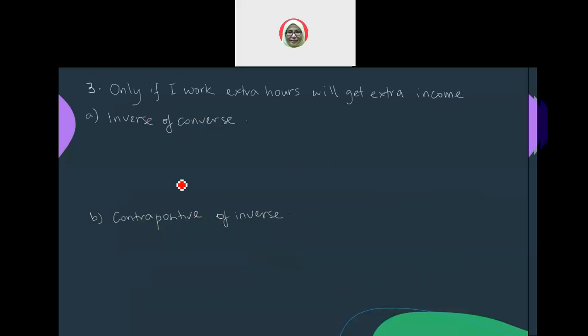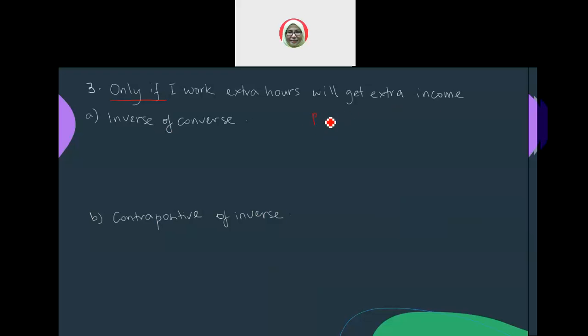So next is question 3 that I would like to discuss. Okay, using the words 'only if'. First of all, as usual, we define the simple statements in this given statement. There are two simple statements.